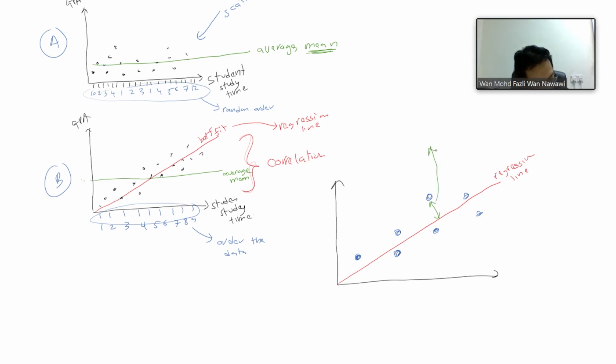It's not error in measurement. It's just that the line cannot explain why there is error. It's not error in measurement at all. It's just the term error.